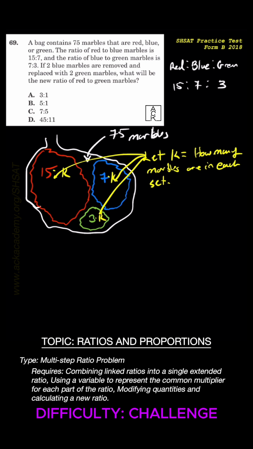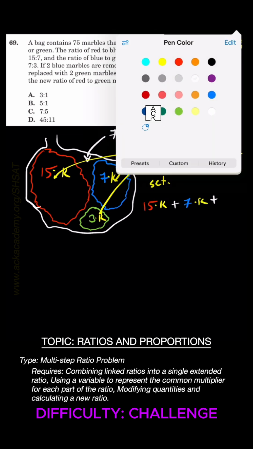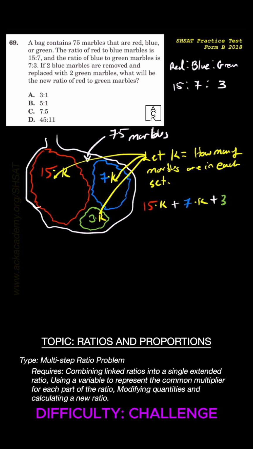So, we know that 15 times k plus 7 times k plus 3 times k is equal to the total marbles, 75 marbles.